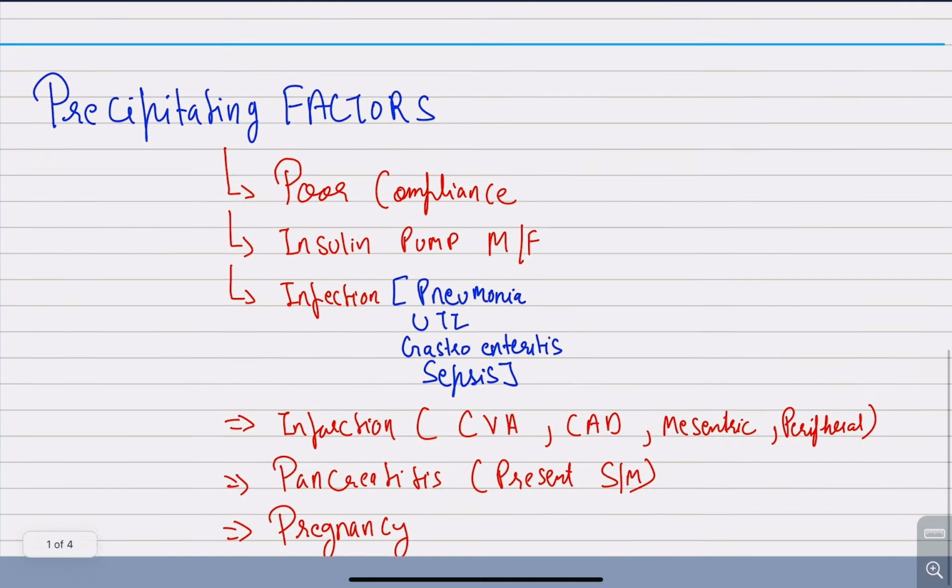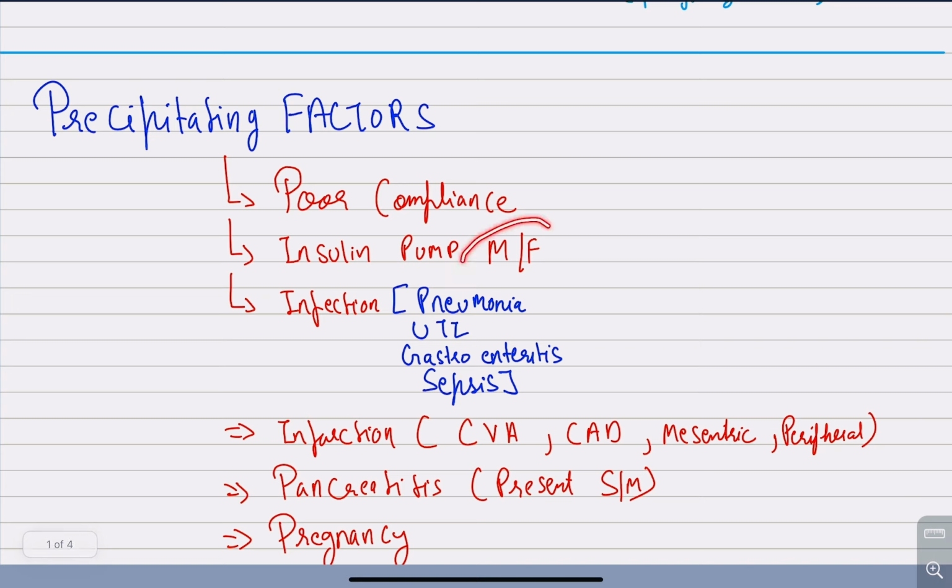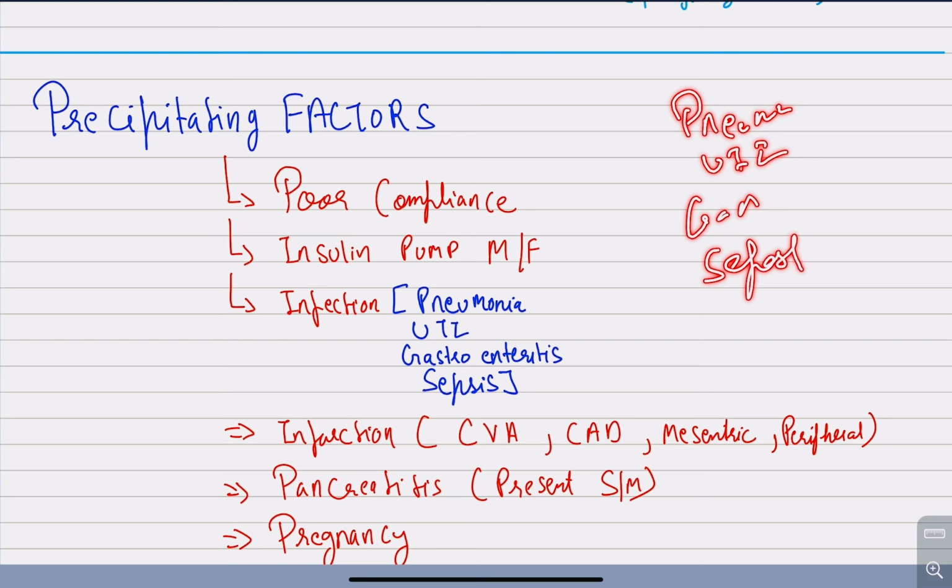In the US there are insulin pumps. They can malfunction. Infections like pneumonia, UTI (urinary tract infection), gastroenteritis, and generalized sepsis are high metabolic demand states. When the demand for O2 is high, the demand for ATP is high, and you will need more glucose.